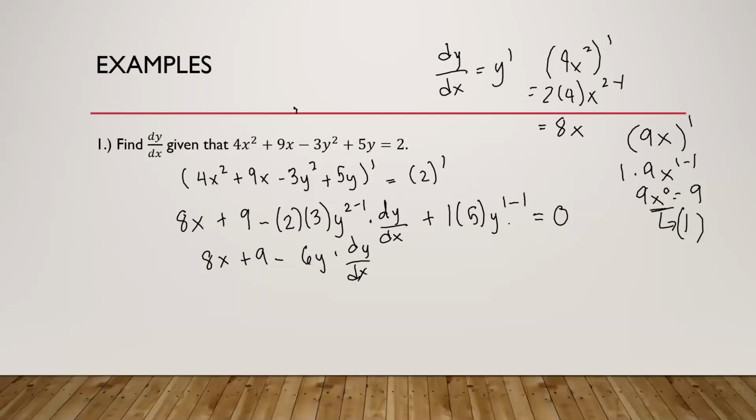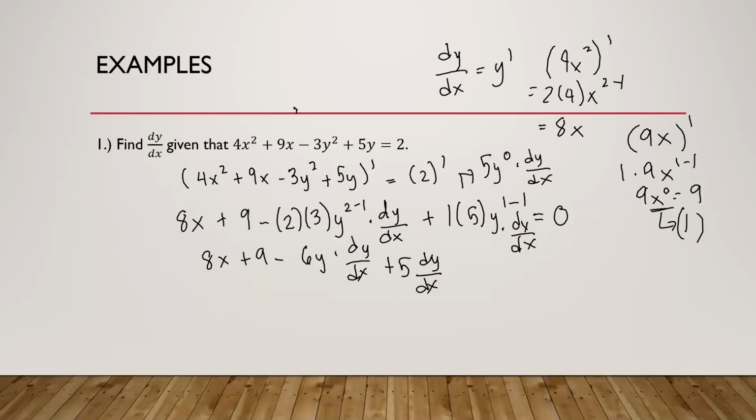Pero, isusulat pala natin yung dy over dx, ha? So, bale, magiging plus 5 dy over dx. Kasi, dito kasi, 1 times 5 is 5, then 1 minus 1 as exponent, so magiging 0 as dy over dx.